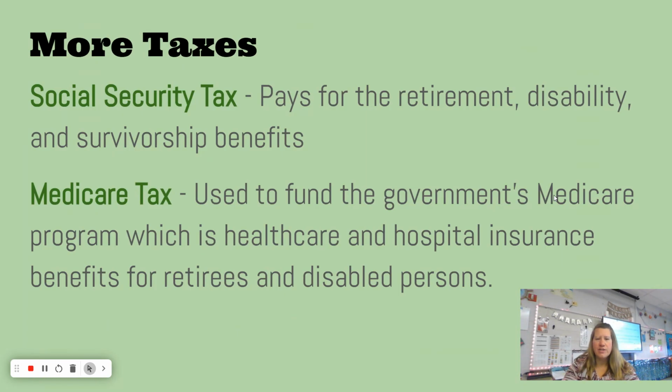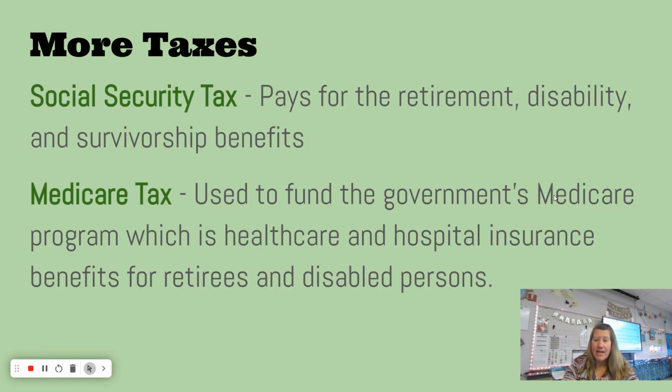Okay, then you have a Social Security tax, which is going to pay for retirement, disability, and survivorship benefits. So you might hear about people talking about Social Security when they retire. My mom is retired. She's paid into Social Security her whole life, so now she gets a check every month because she's retired.